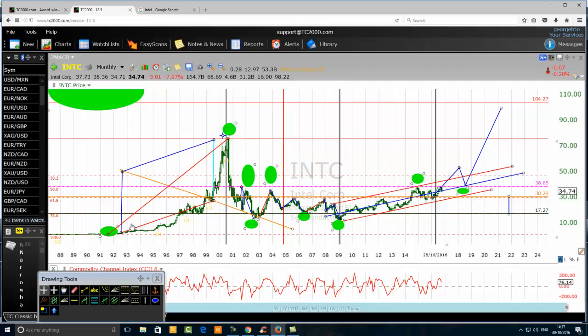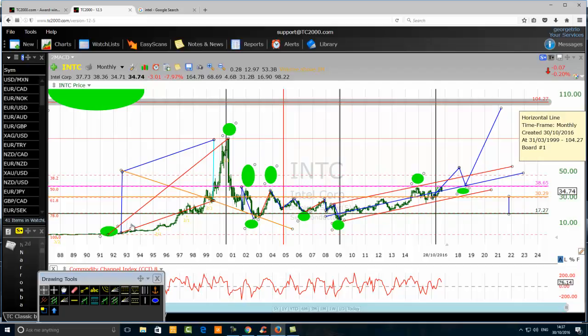You don't want to ignore that. But apart from that $75 resistance, there is a hidden resistance at $104.27. Just note it down for the future. There are market investors that always buy the same stock over and over. They buy the blue chip stock.